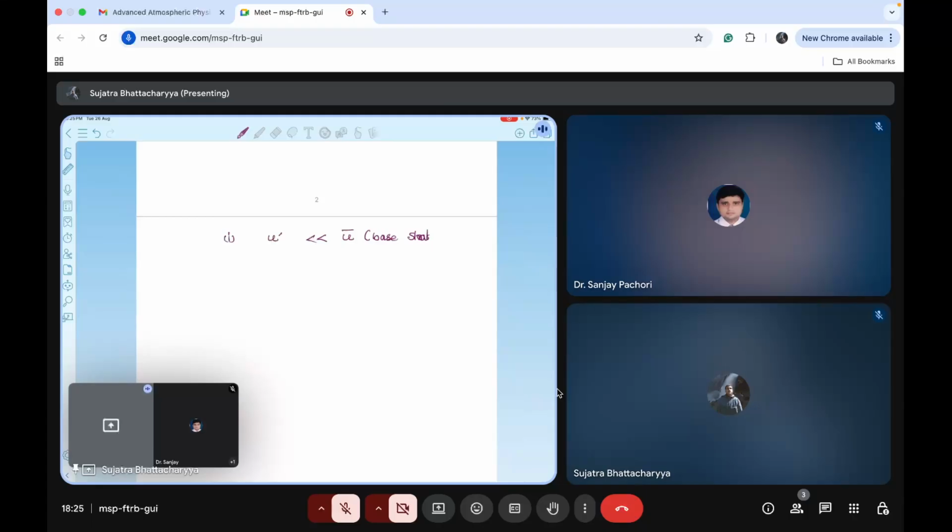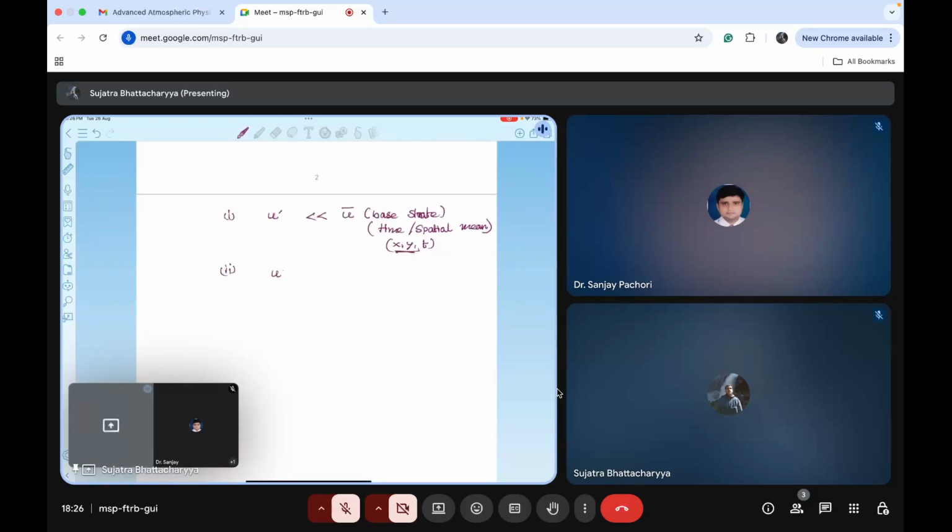Base state means you can say the time mean or spatial mean state. The averaging can be done in x, y, or t. Generally, we do it like this. So it's all based on some assumptions.